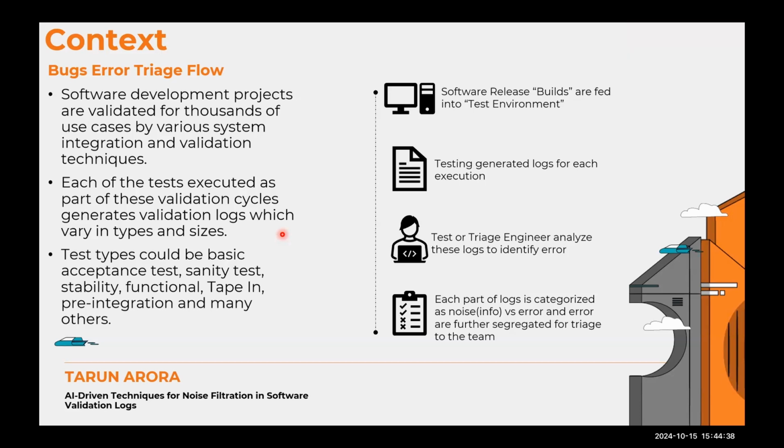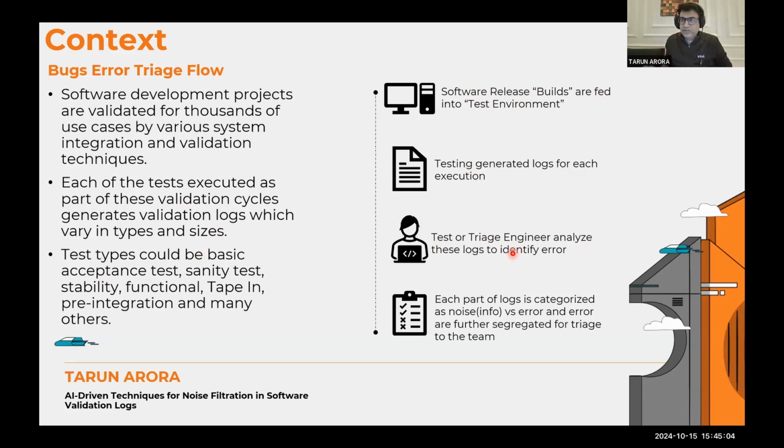So thank you. Yeah. So essentially, what is happening, as I explained, right, software release builds are fed into a test environment. Testing generates logs for each and every execution, for all these different kinds of logs and different kinds of tests. Then we have a test engineer or a triage engineer who manually analyzes these logs.